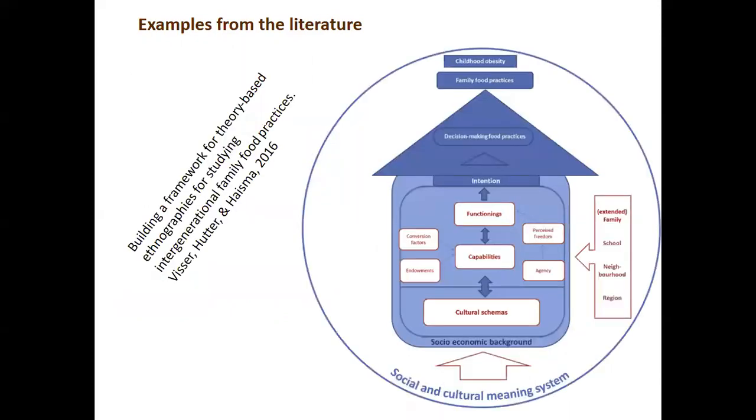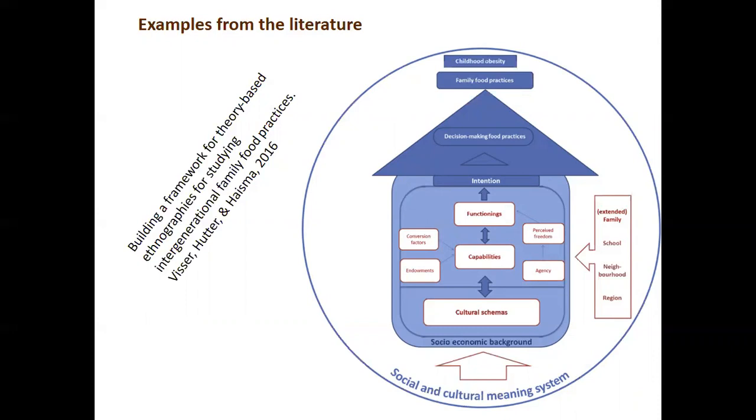Here's another example from the literature, quite a different looking conceptual framework. And this was from a 2016 study that looked at building a framework for theory-based ethnographies for studying intergenerational family food practices. So looking at those different generations and what are those family food practices.